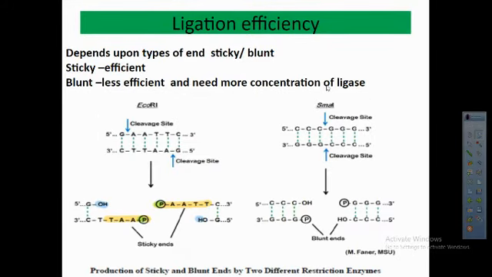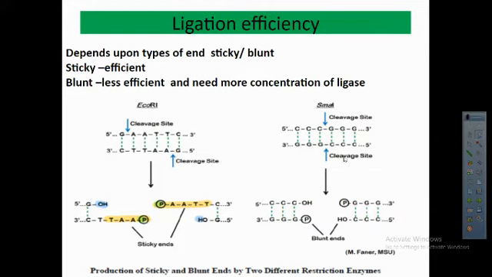So, how can this efficiency be improved? Because you see, two types of ends are produced by restriction endonucleases. Here, EcoRI produces the sticky ends, SmaI produces the blunt ends. So blunt end, if it is ligated, will be less efficient, and it will need more concentration of the ligase, and sticky end is efficient.